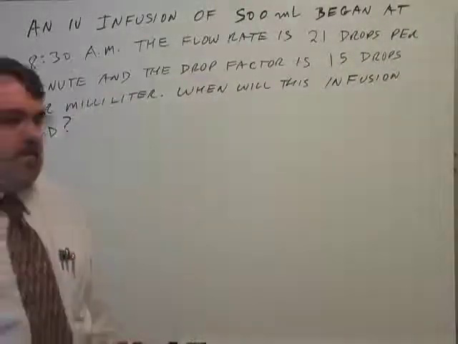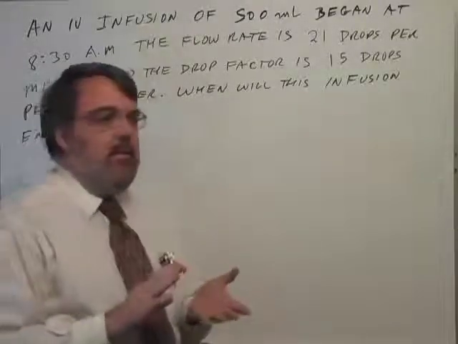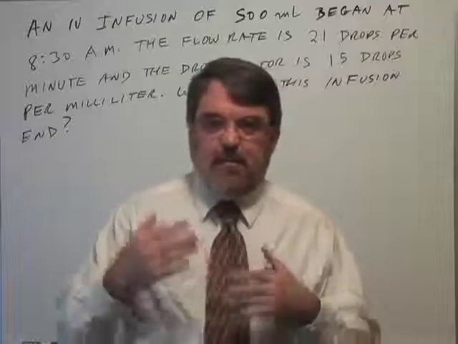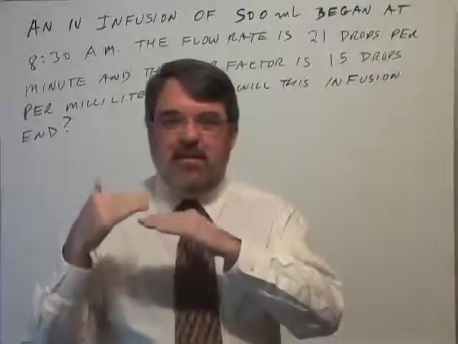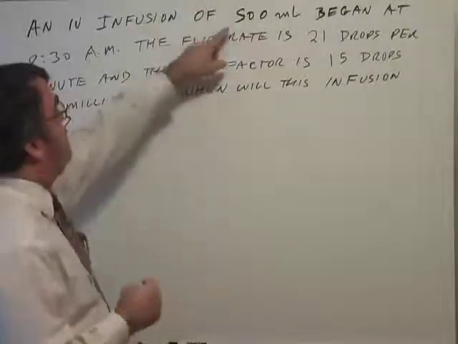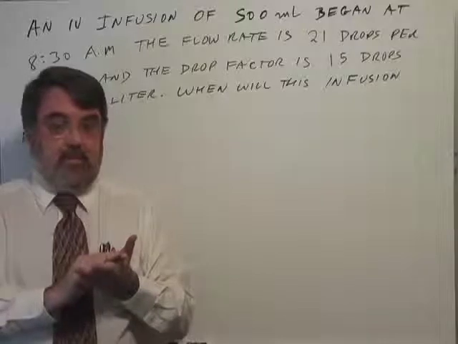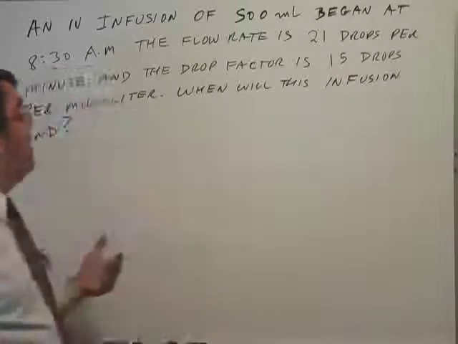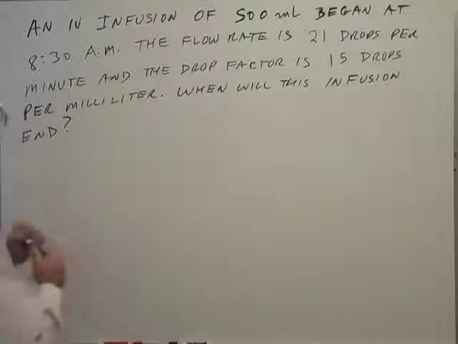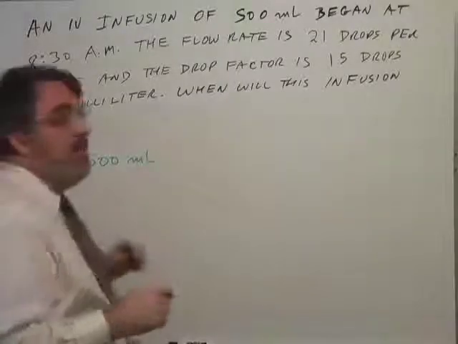All right, so we want to end up with what? We want to know the amount of time it takes for this IV to empty. So we're going to basically turn the 500 milliliters into time. We began with 500 milliliters, and I want to know how long it takes to empty.